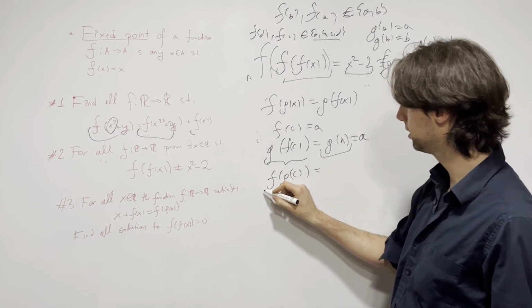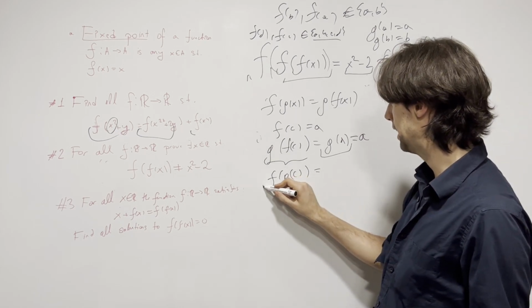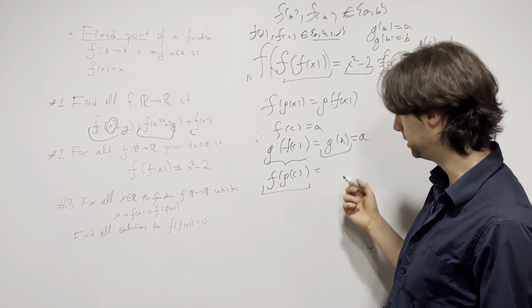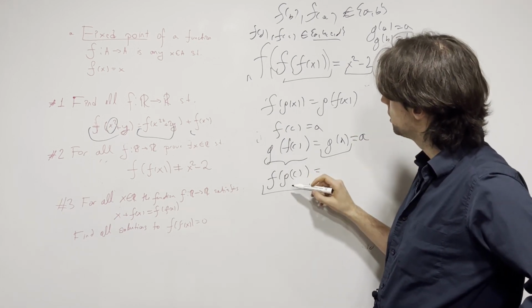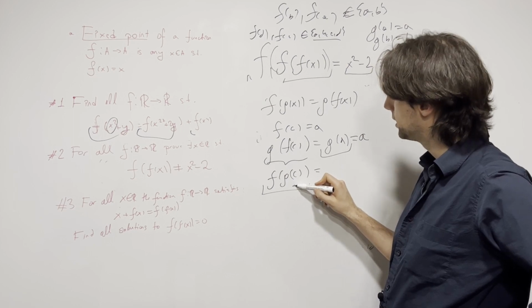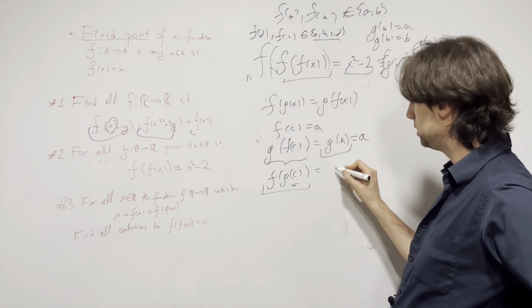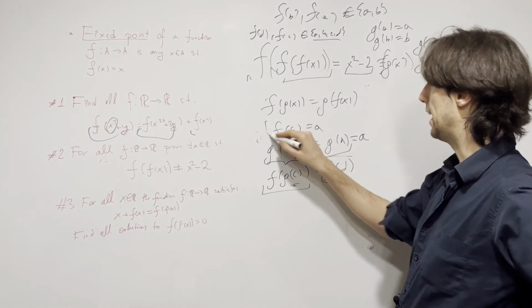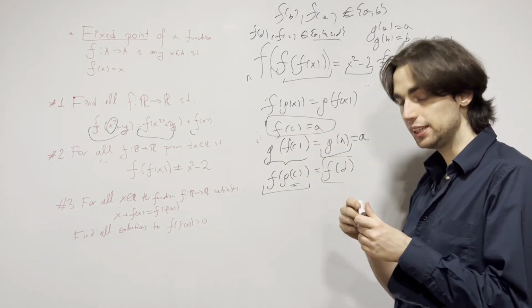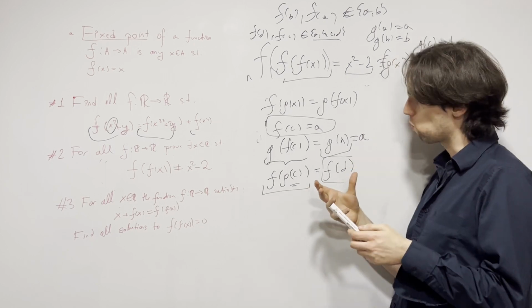And on the other hand, f of g of c: g of c is equal to d, so this is going to be f of d. So if f of c is a, then f of d is a as well.